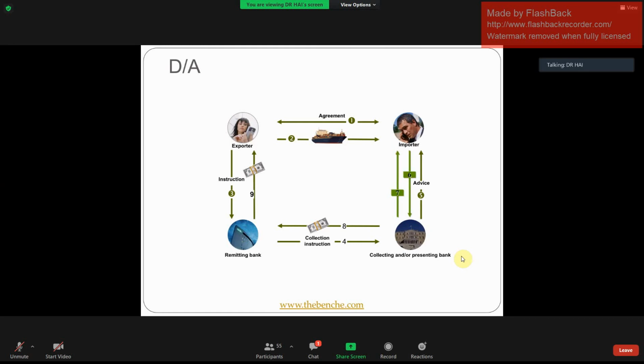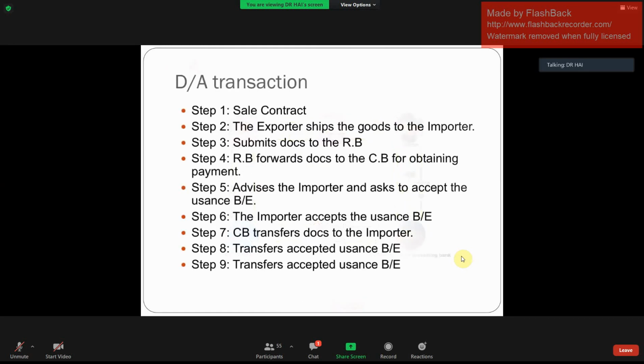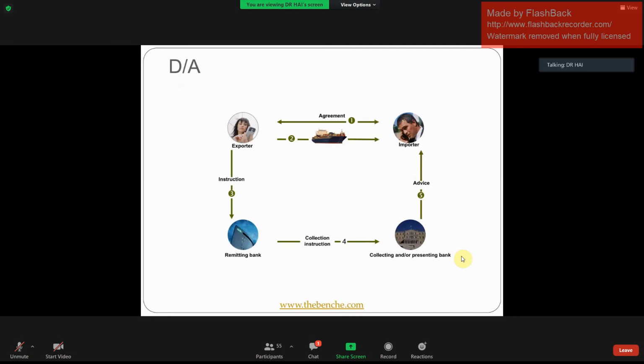If the importer, okay, look at step number 5. Step number 5 is collecting bank advises the importer that now all documents are in my hands, right? Commercial documents and financial documents, in this case is BE, okay? All of them in my hands. Do you want to have documents?